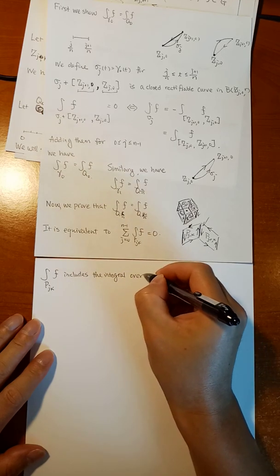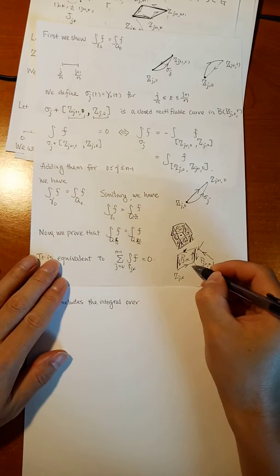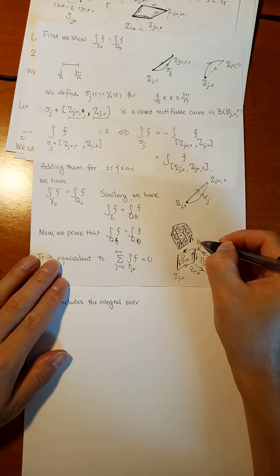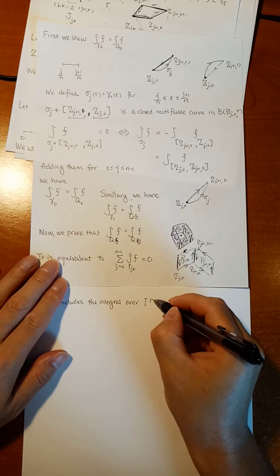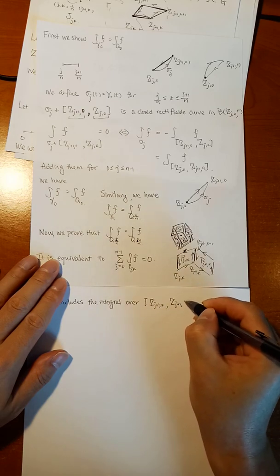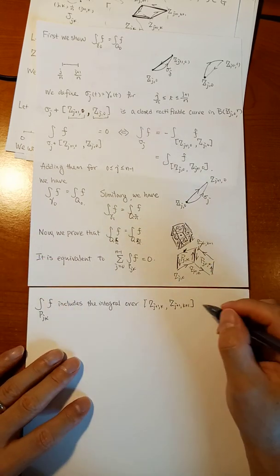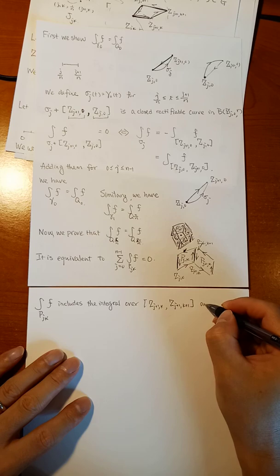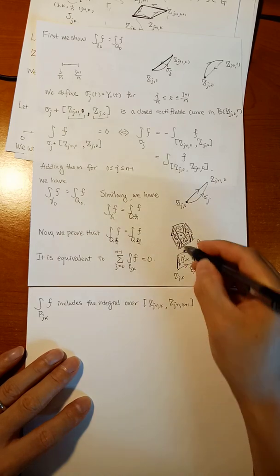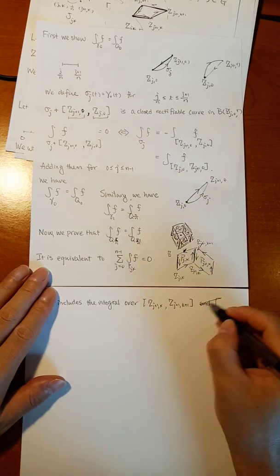over the vertical side, this is zjk, zj plus 1k, zj plus 1k plus 1, okay, over zj plus 1k and zj plus 1k plus 1, upward. Let's just talk about this one.